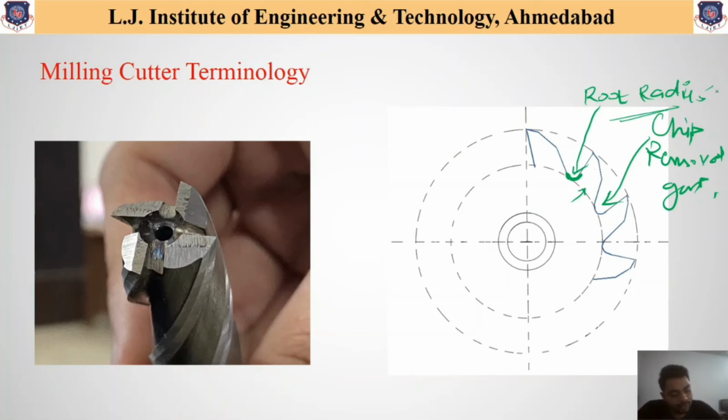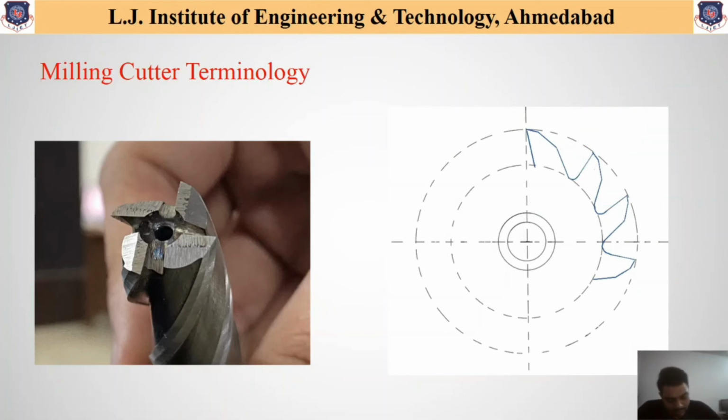If we further discuss certain sections from simple terminology, as you can see over here, there is a gap between these teeth, and as you have studied in your gear portion, the gap between these consecutive teeth is the pitch.